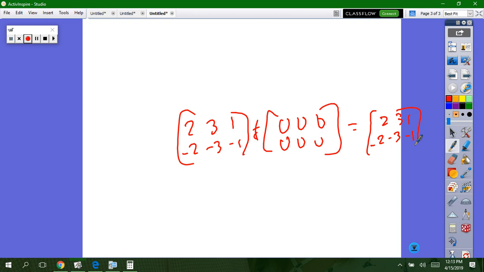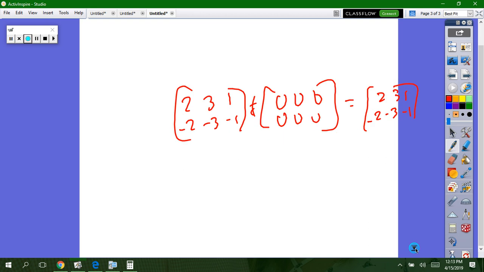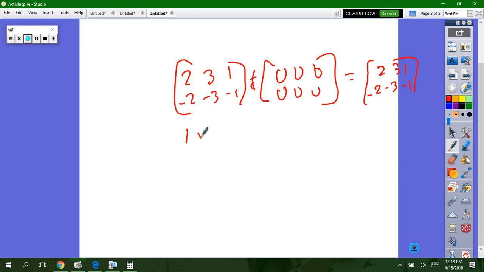But a multiplicative identity, not every matrix has one. First off, for you to be a multiplicative identity, you have to have a square matrix. You must be a square matrix. So you must be a 1 by 1, a 2 by 2, a 3 by 3, and so on. Okay, that's the only time you'll have a multiplicative identity.